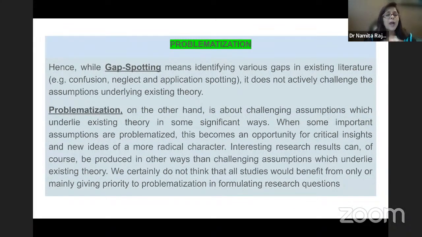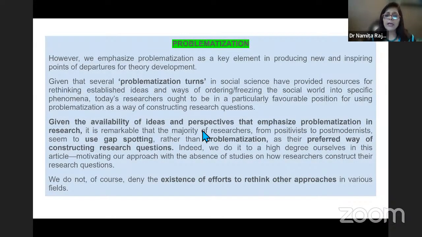So if you want to actively challenge, go ahead slowly, refute the problems, come out with the assumptions, and have the research gaps. These problematization turns are actually good, but again I'm telling you, the preferred way for researchers is to find the gap spotting very smoothly.